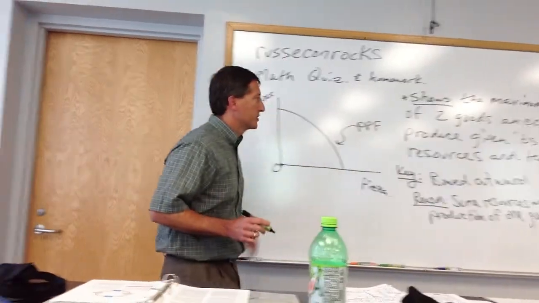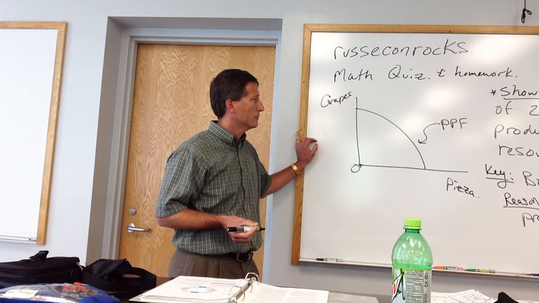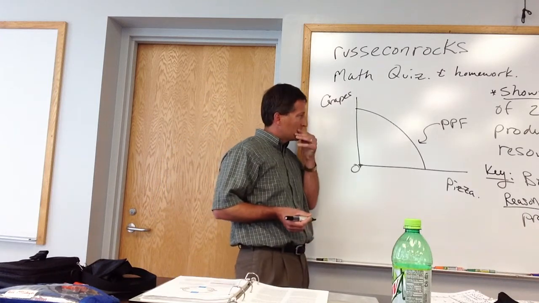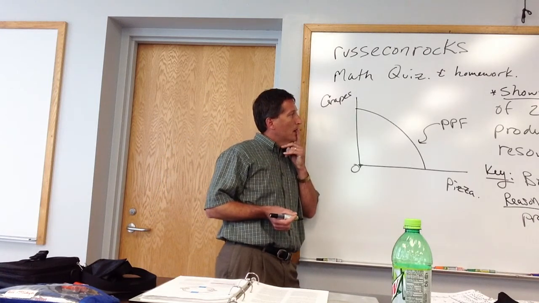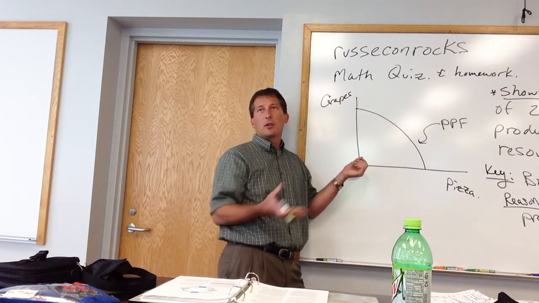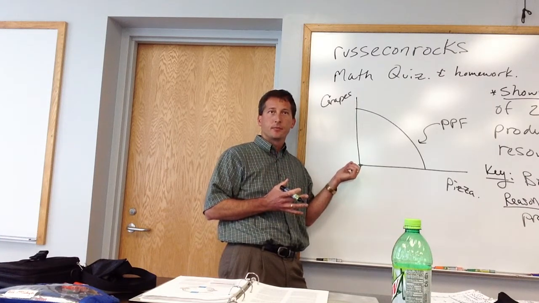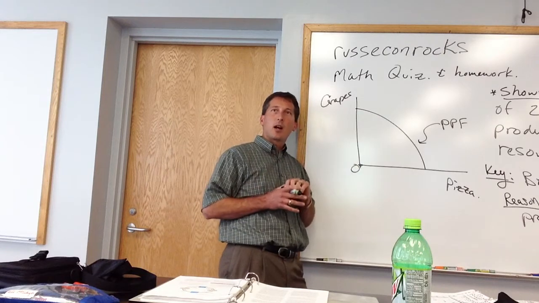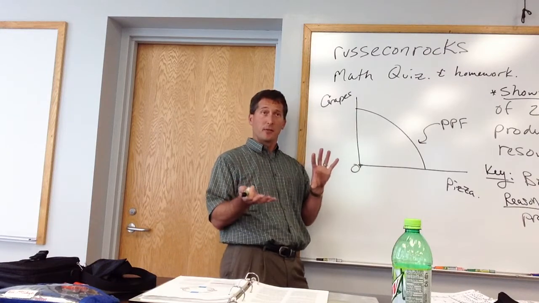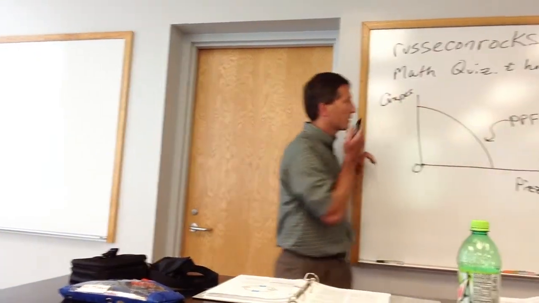So, in our island example, who was better suited for coconut harvesting? Tom, in terms of the cost difference, in terms of his opportunity cost, and Jen was better suited for fishing, right? So that's what ended up giving us that bowed outward look to it.